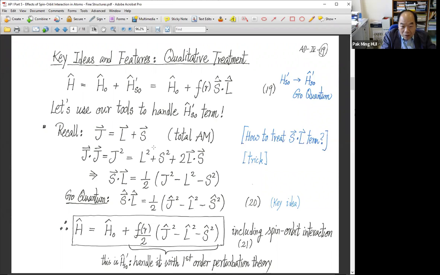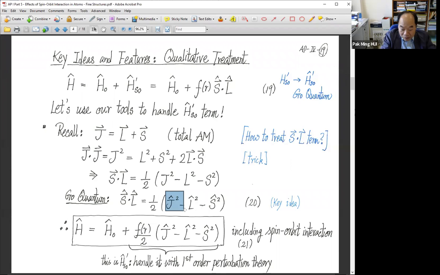So the whole thing next time is 30 seconds. Very simple. We have L dot S. What to do? L dot S is, by vector algebra, J squared minus L squared minus S squared, divided by 2. You just square this: J squared equals L squared plus S squared plus 2 L dot S. So you can express this in terms of J squared.